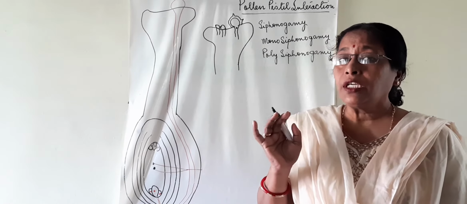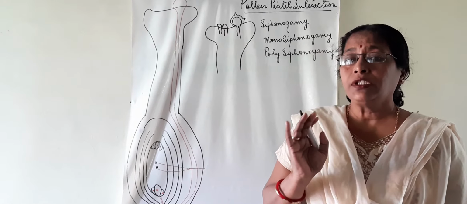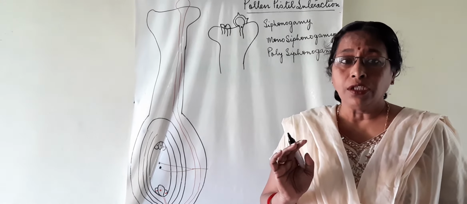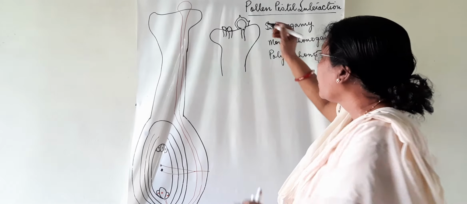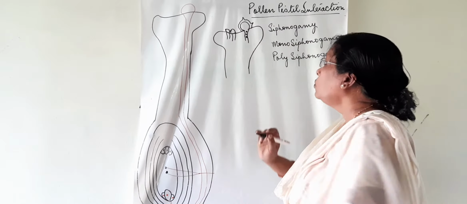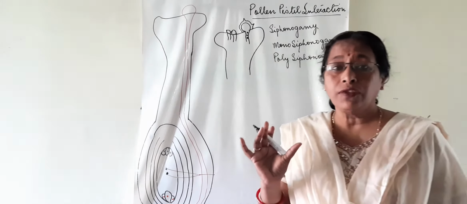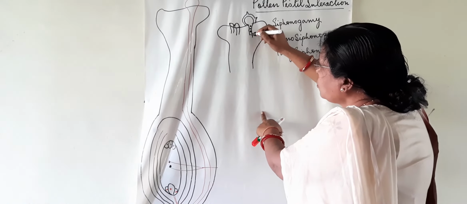The vegetative cell gets converted into the tube nucleus and the generative cell divides mitotically to form two male gametes. So two male gametes along with the tube nucleus and some portion of the cytoplasm are pushed towards the pollen tube.